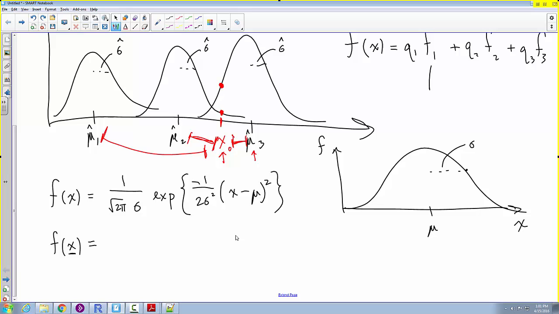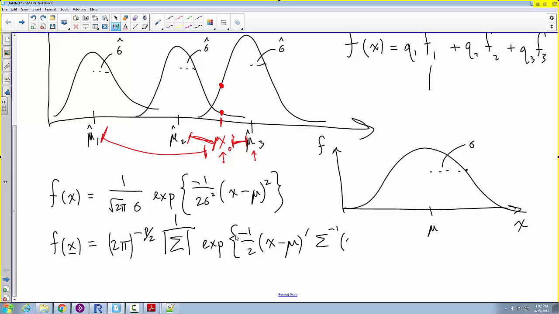I've got to look it up. 2 pi to the minus p over 2, I think, determinant of sigma, or 1 over the determinant of sigma, e to the minus 1 over 2, x minus mu transpose, sigma inverse x minus mu.